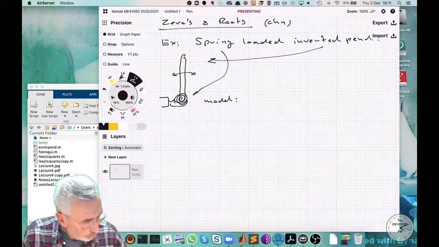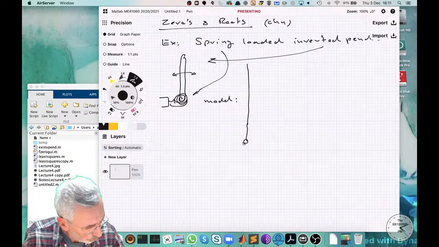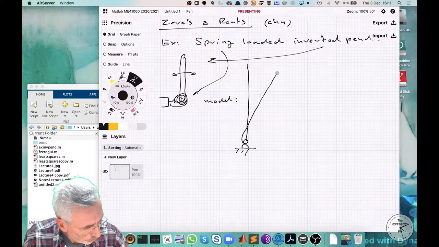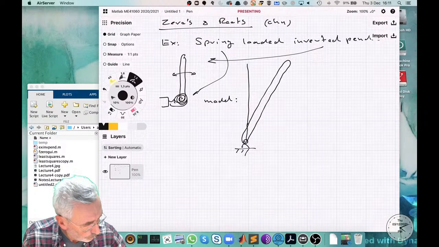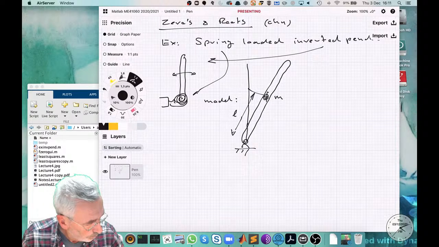The model for this is, then we start drawing, right? We have some support here, and now we have some stick, something like this. And it has a center of mass here, M, at the distance L, and there's gravity going on.